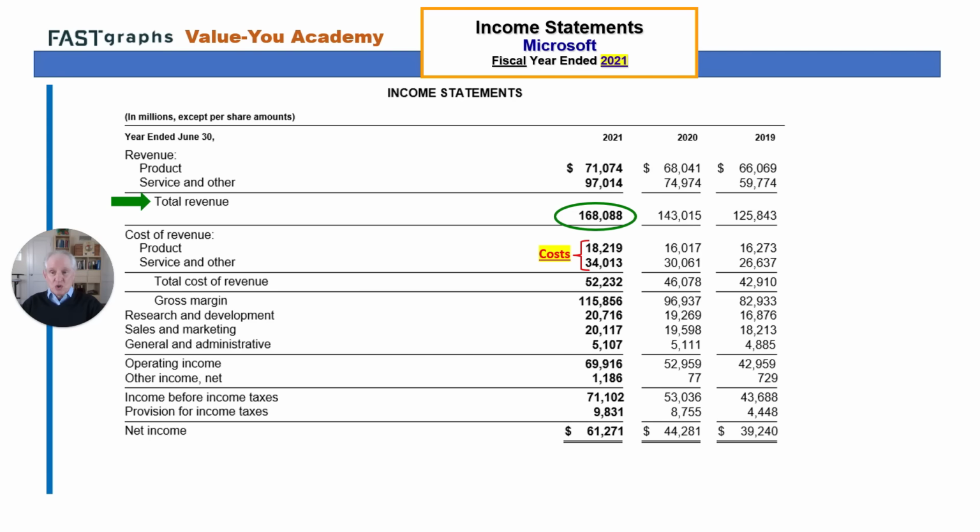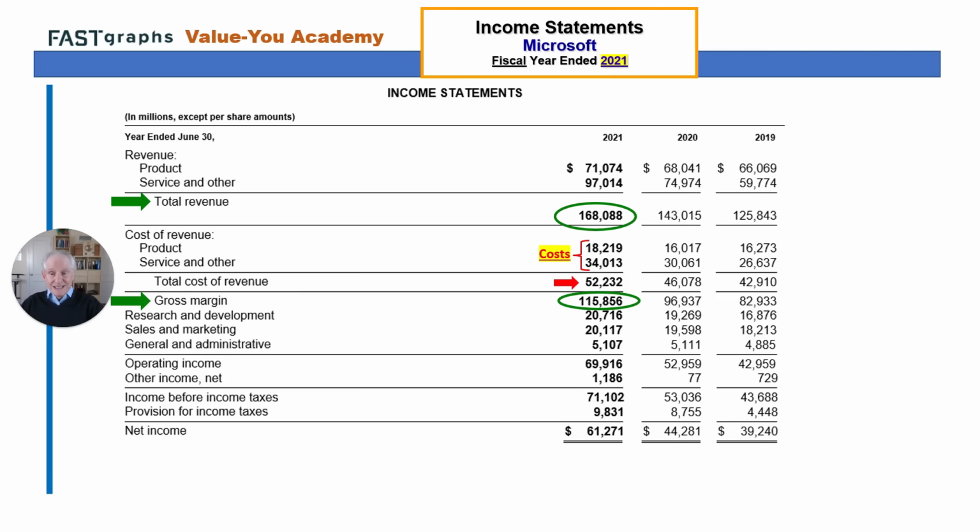That adds up to total cost of revenue of 52.2 billion. We take that off the 168 billion and we have our gross profit, and they call it gross margin, of 115.8 billion. Now we can see the trend over 3 years for that very important number.